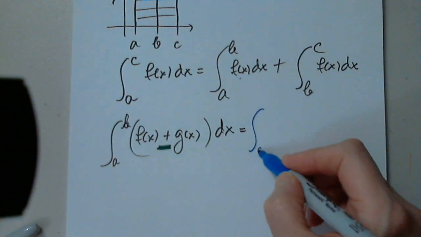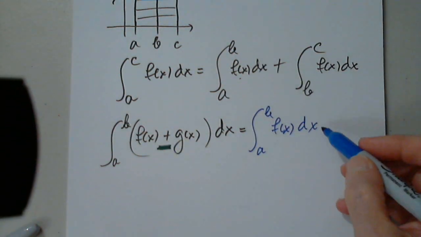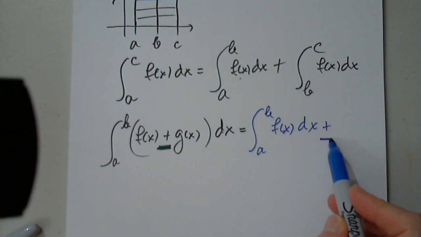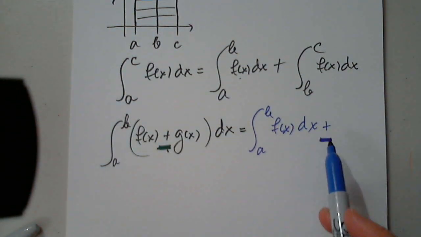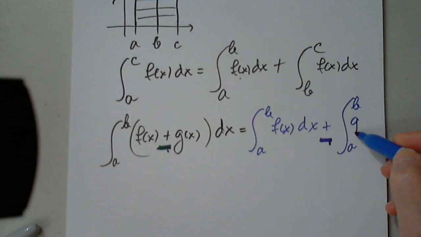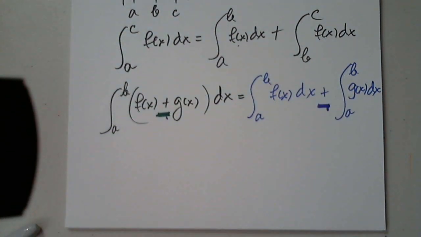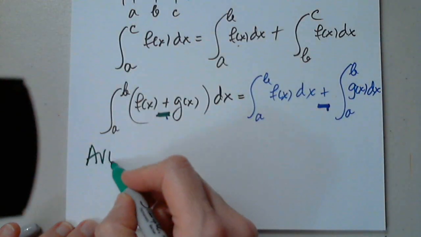It will be the integral from a to b of f of x dx, and then plus, or minus, depending on if I have minus, I have to use minus. If I have plus, I have to use plus. The integral from a to b of g of x dx. Correct. Very good.